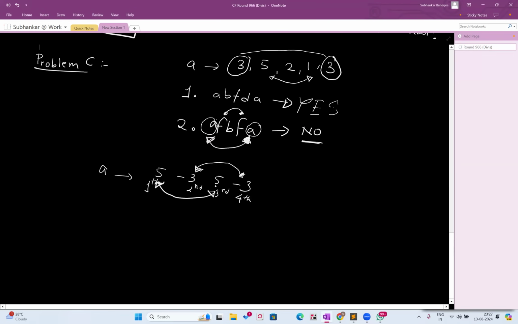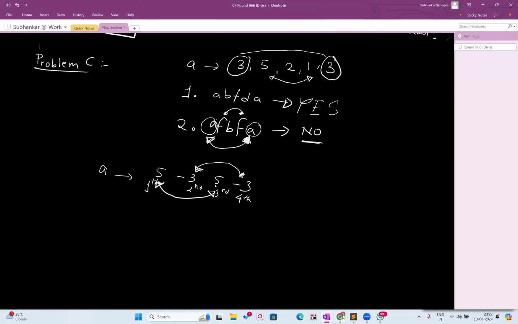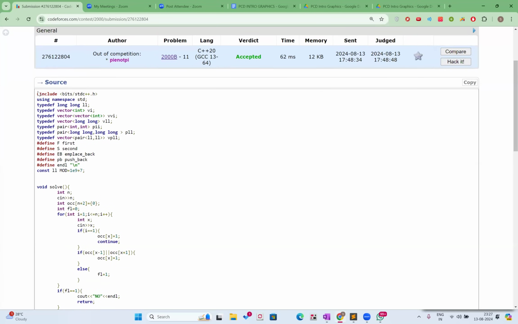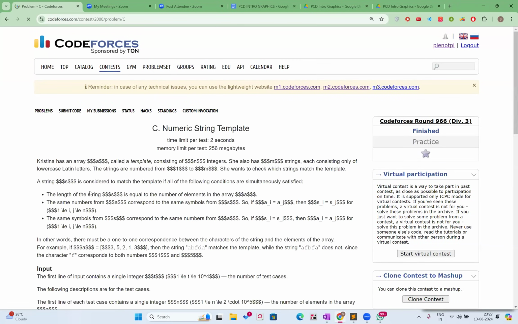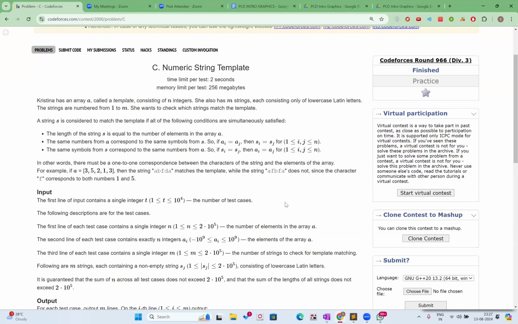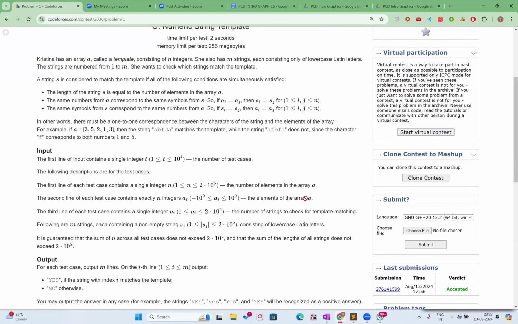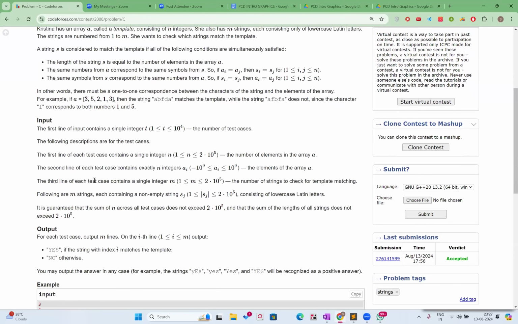Here we'll discuss the time complexity in a while. I'll first focus on the input constraints in the third question. We have the elements of the array, which has a size n. So we'll take input of a size n array, and we are given m strings.